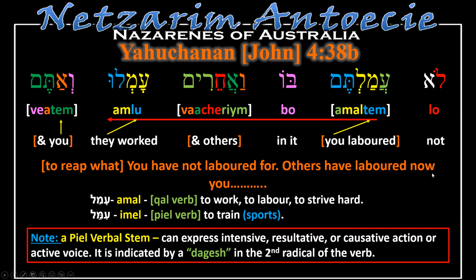Others have labored, now you. And I've also given you imel, which is a PL verb to train in sport. And you can imagine when they talk about training in sport, it's not easy training, it is hard training. So that word relates more to striving hard in work.